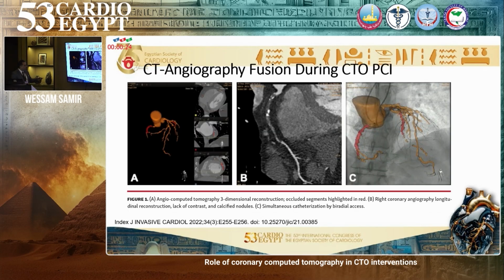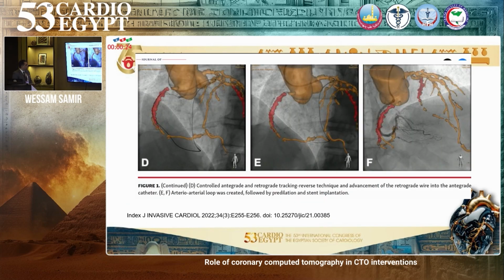You can do a co-registration between the CT, this is the curved MPR, this is a VRT or volume rendered, and the images are registered along with the angiography. So the operator can, during the angiography, visualize this totally occluded segment in red, and this is the proximal cap, this is the distal cap.